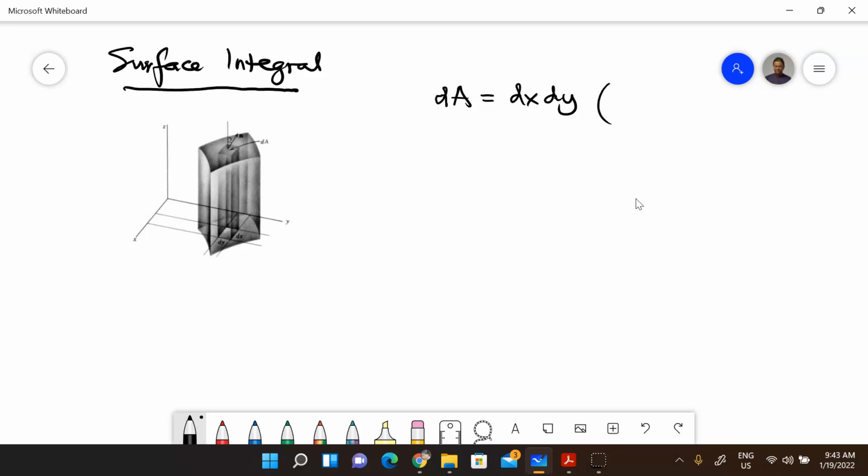Okay, so this is a normal flat surface. But in some circumstances, we are forced to find the area element which is on a curved surface. On a curved surface, we need to somehow relate your flat surface area element with the curved surface element.